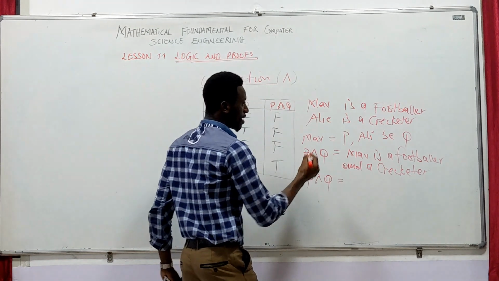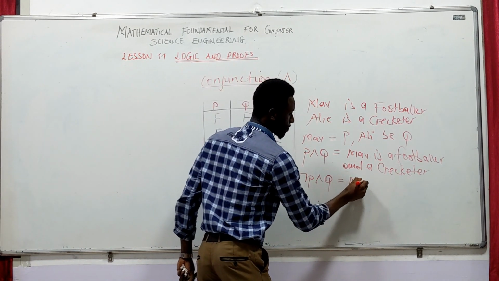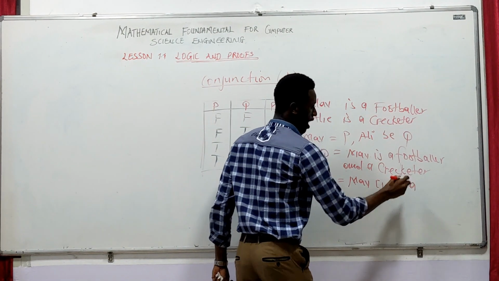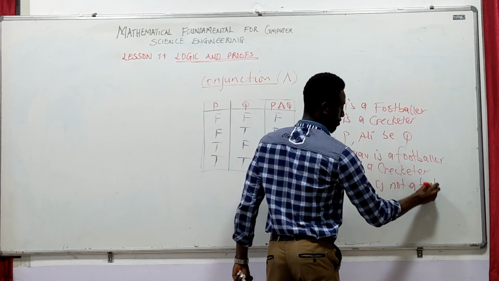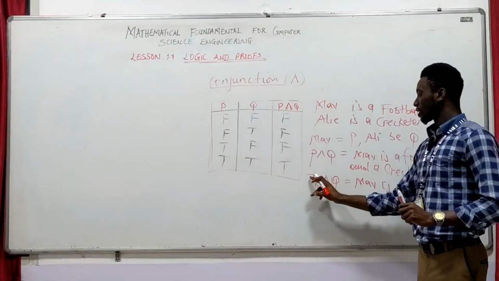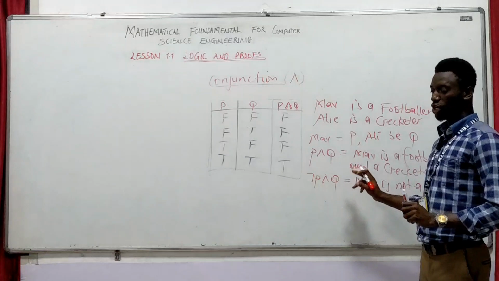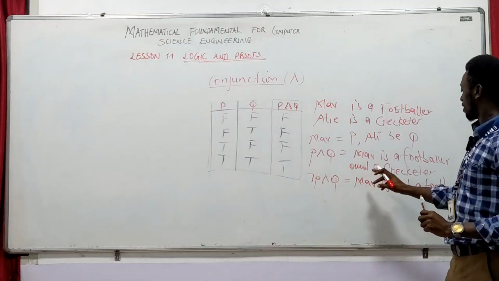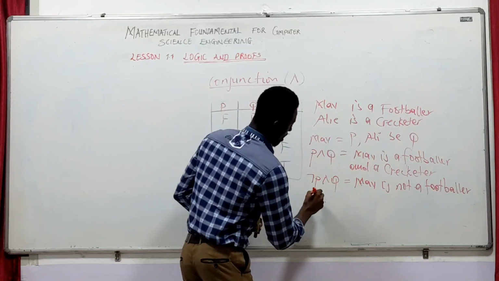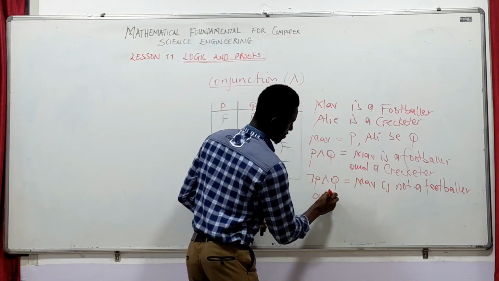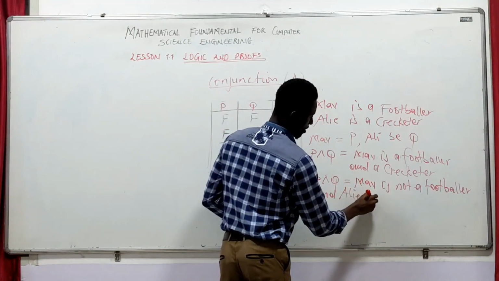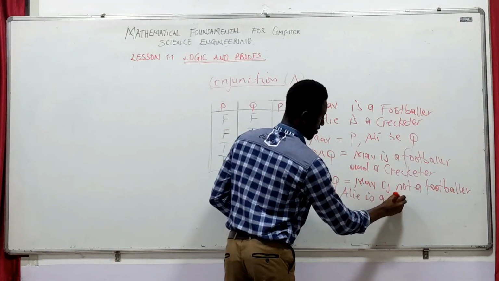So here you can say Marv is not a footballer. So now not P and Q means Marv is not a footballer and Ali is a cricketer.